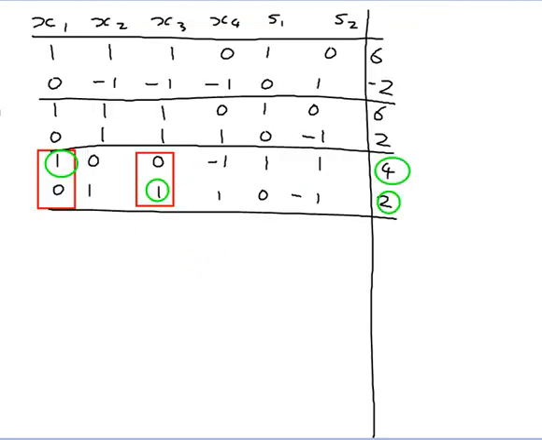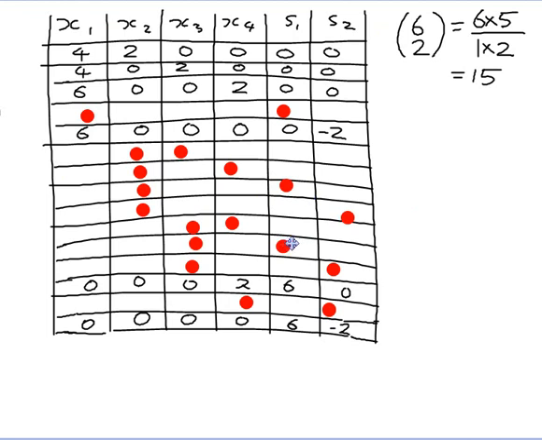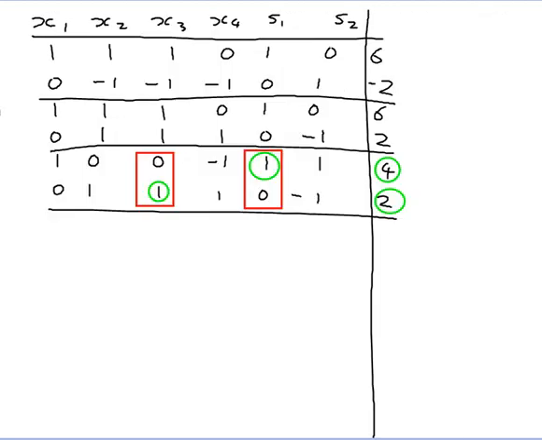Are there any more? Well, this one and this one together make an identity matrix. That's the wrong way around, but that's okay. So this would tell me that S1 is 4 and X3 is 2. S1 is 4 and X3 is 2, and all the rest are 0. And I reckon I can find one more.